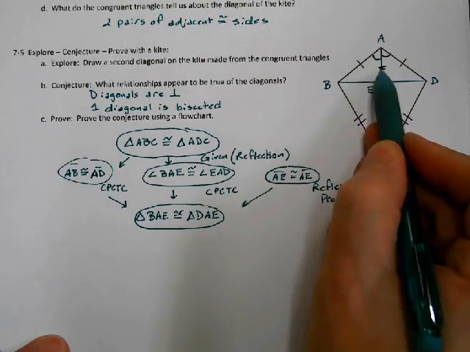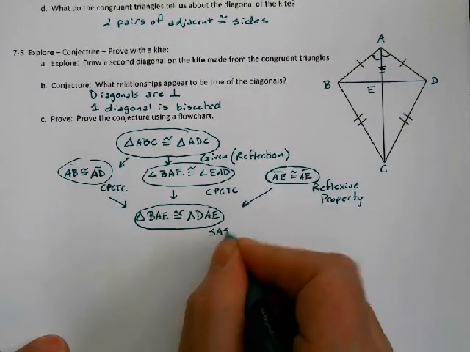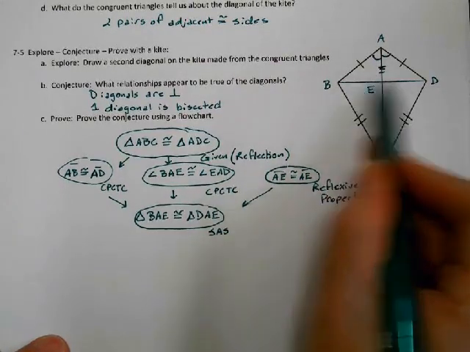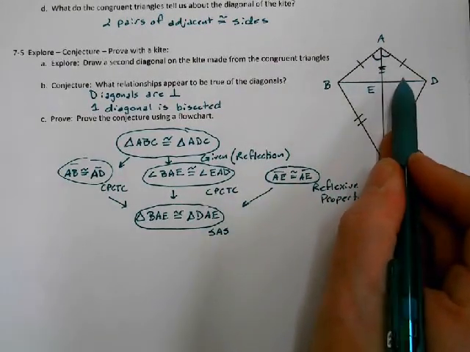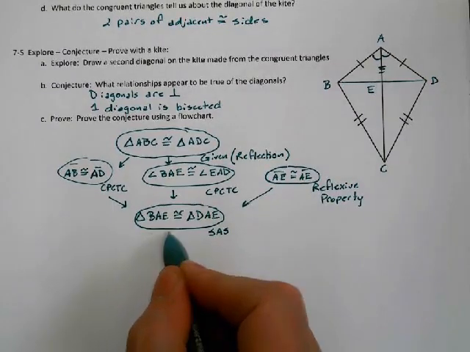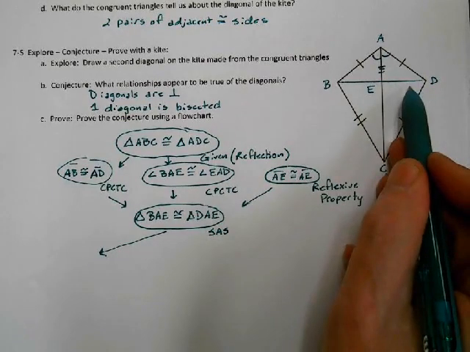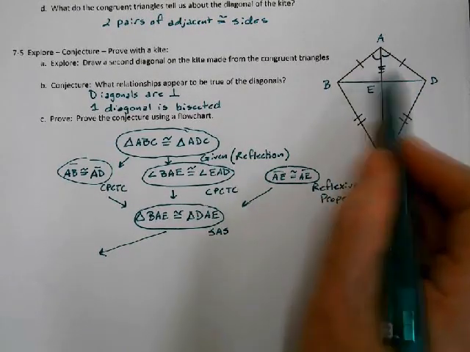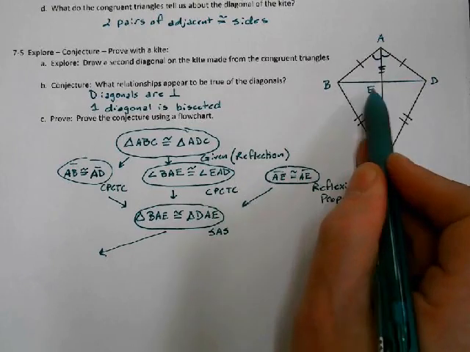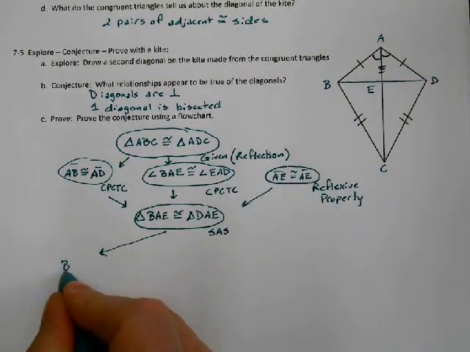Okay, I just got done saying these two triangles are congruent. So let's go this direction. Because those two triangles are congruent, this triangle is the same as this triangle, BE and ED have to be congruent, because they're corresponding parts of congruent triangles.